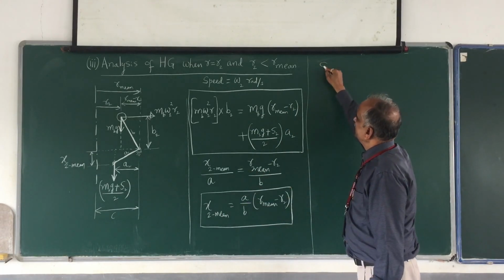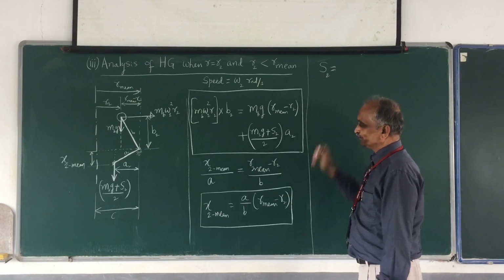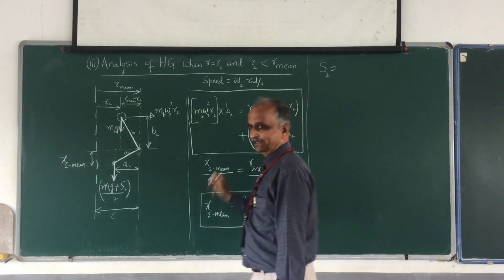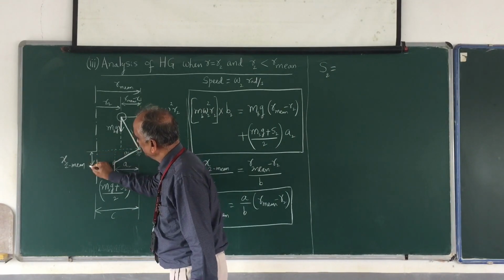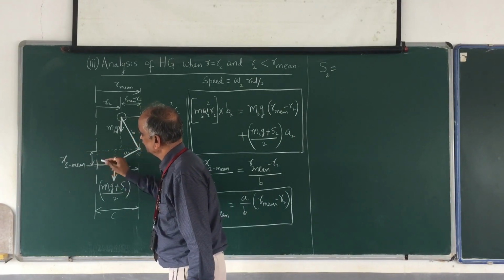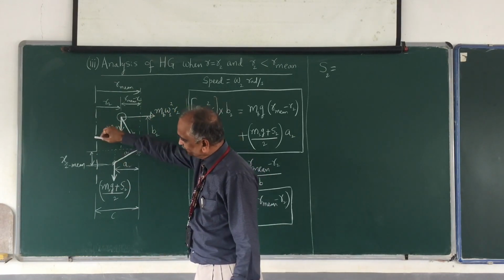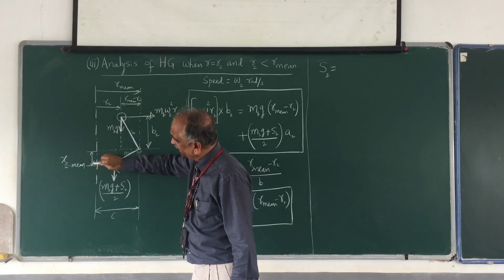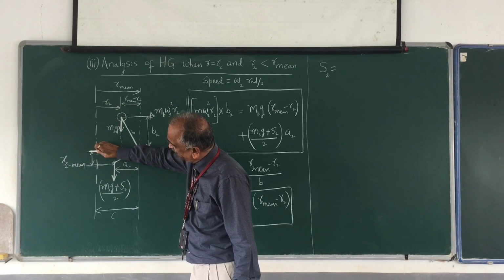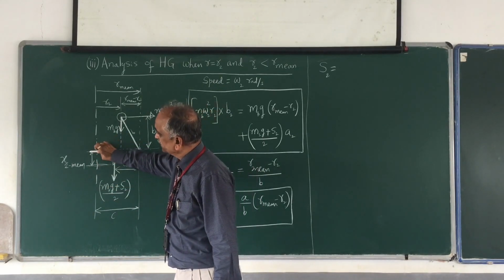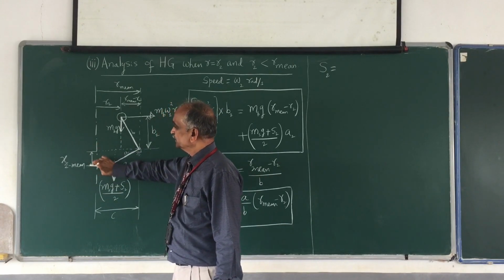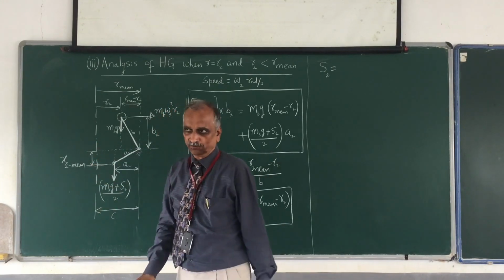Now the next one I would like to write down is S2, the spring force at this position. Do you agree? When the sleeve is at the mean position, I refer to the spring force as S mean. The spring force at this position is S2.